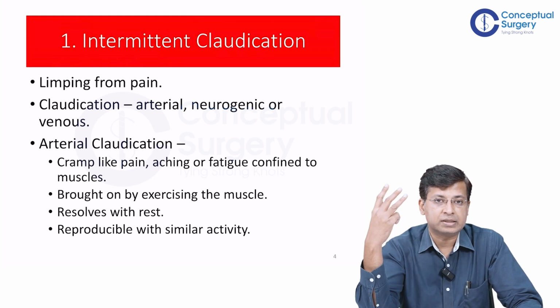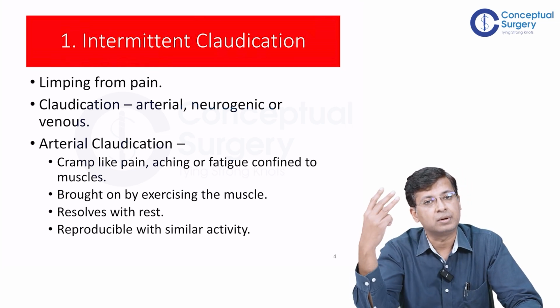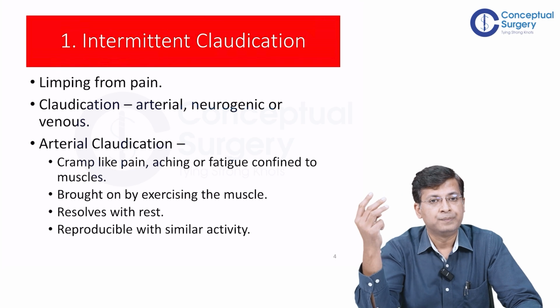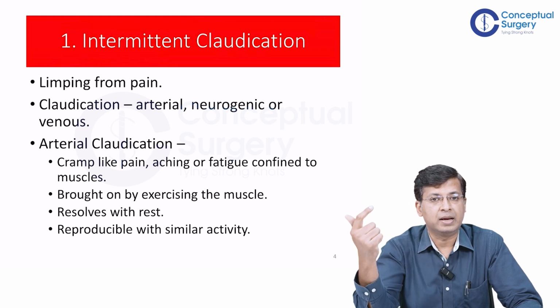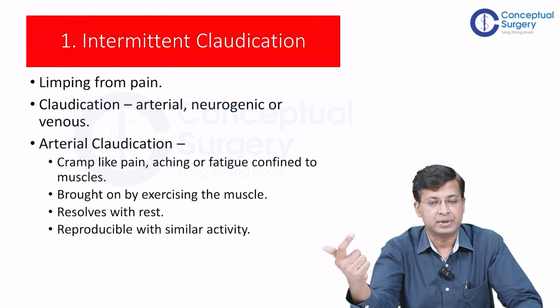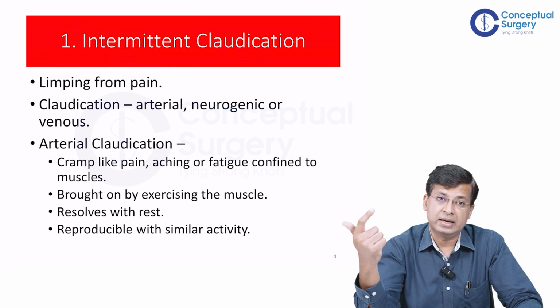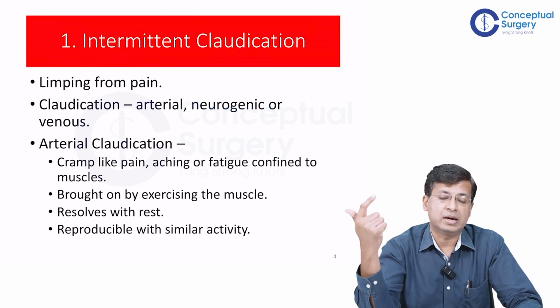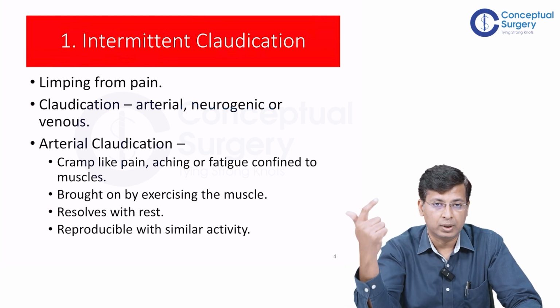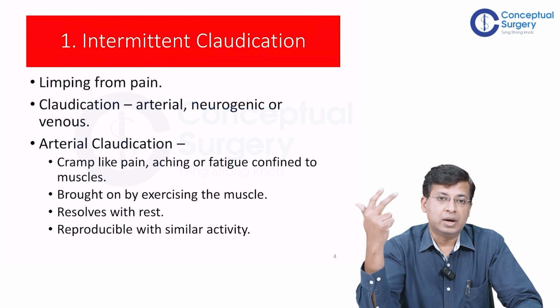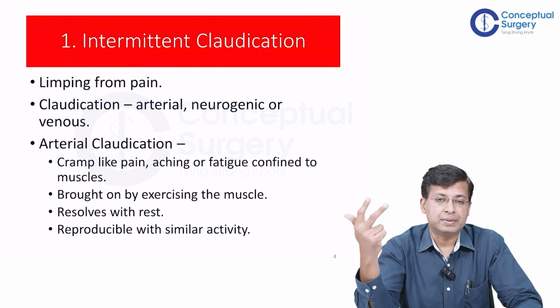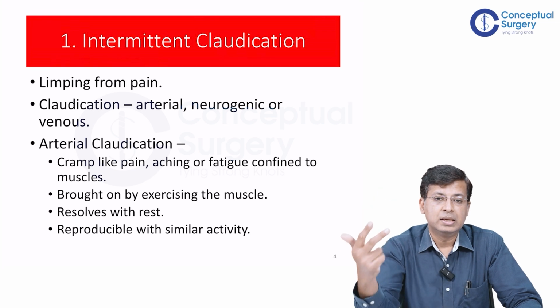If the examiner asks you what makes you think that the patient is having claudication, you will have to say, sir, the pain is brought on by exercising that group of muscles. So, it is not present at rest. It will be present only when that particular group of muscle is made to work. Once the patient takes rest, after some time, the pain gets resolved.